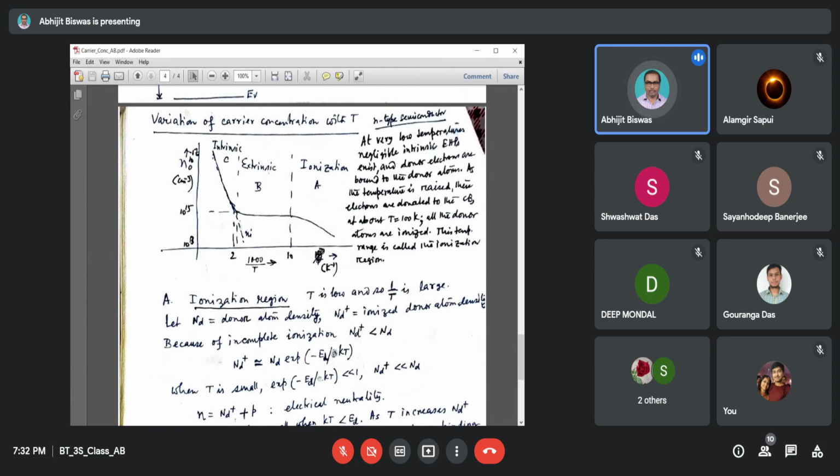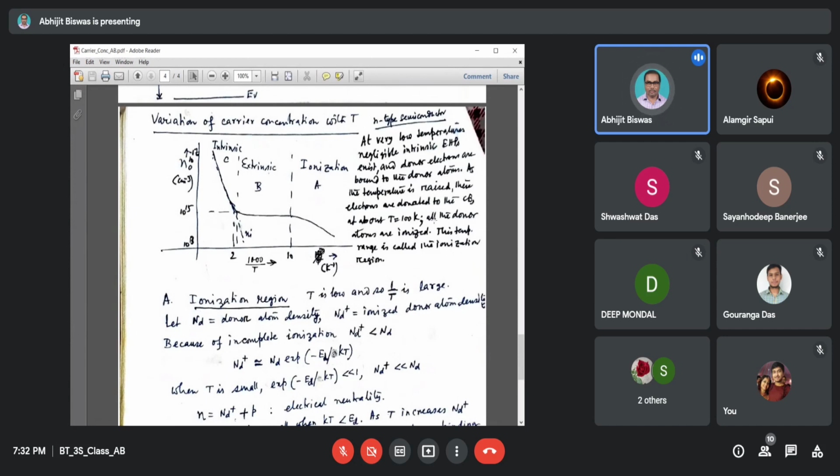So this region is called the ionization region, and it is shown by this capital A. Also you can say this is the region of incomplete ionization. When 1000 by T is more than 10, you are reaching a low temperature regime, where you will find this ionization region.